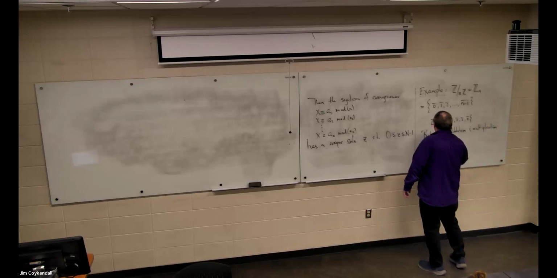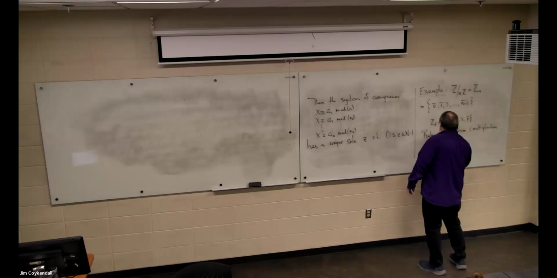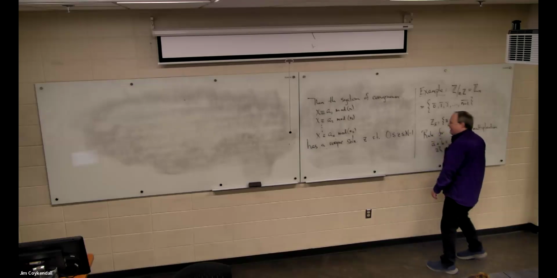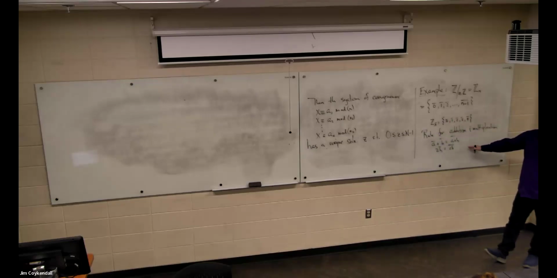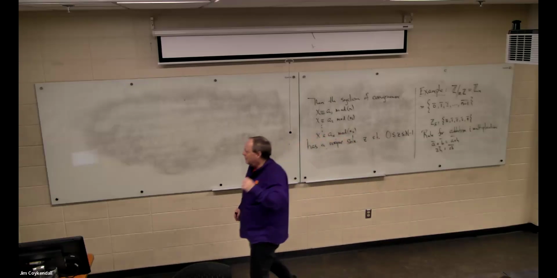A bar plus B bar equals A plus B bar, and A bar times B bar equals AB bar. Now, this is really fast and loose of me, so I'm going to do some examples, because what do I mean by A plus B bar?